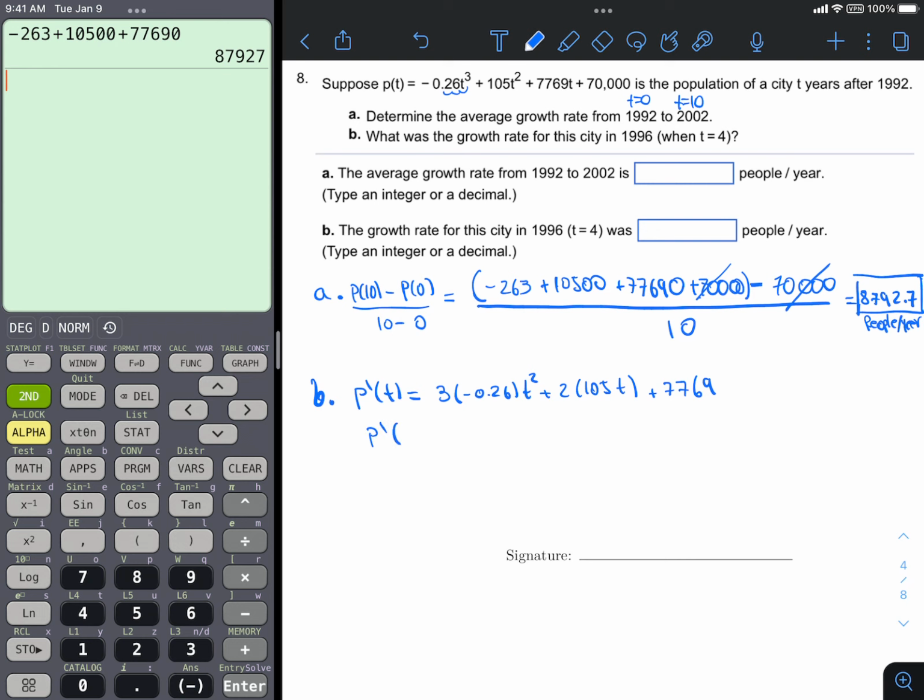P prime of 4 is going to be, plug in 4 into this equation. So I use my calculator here on the left to do that.